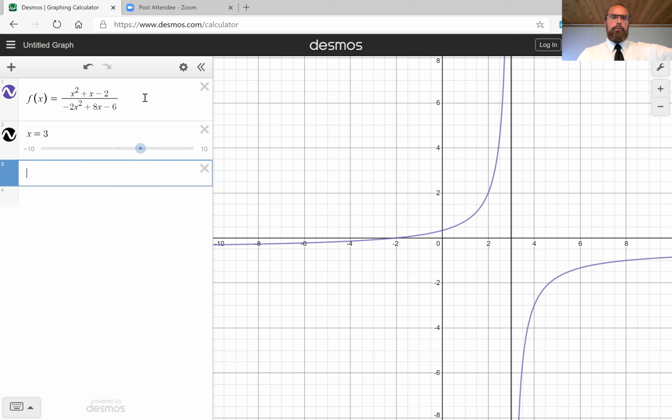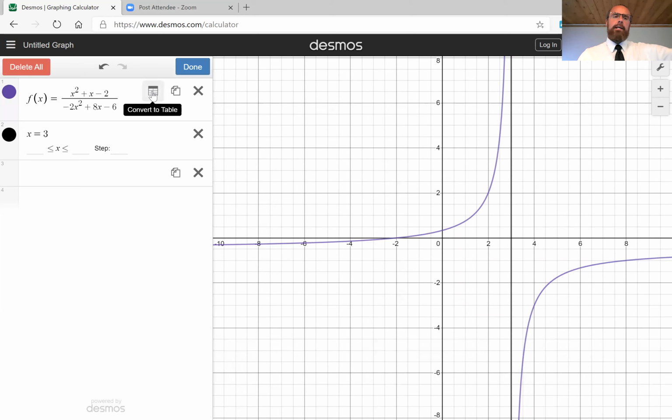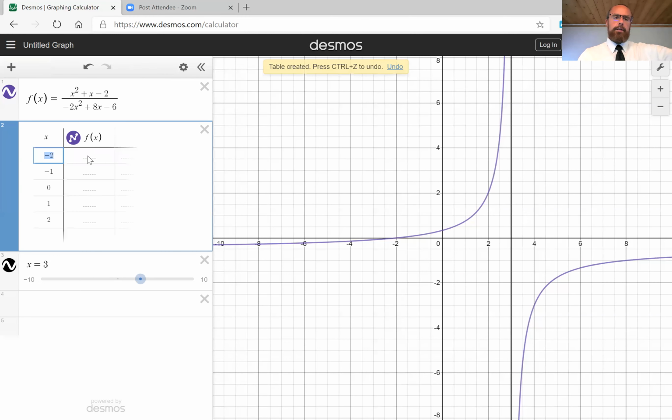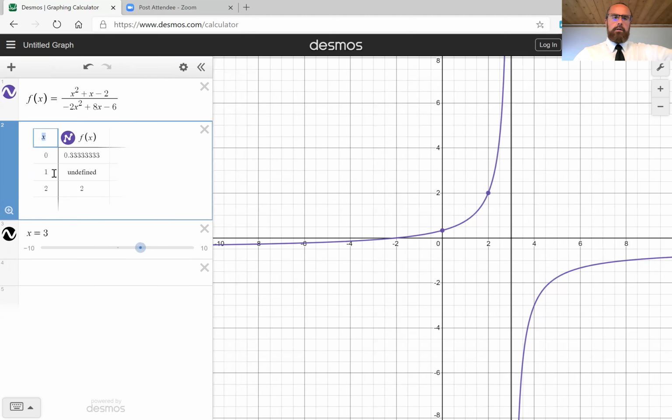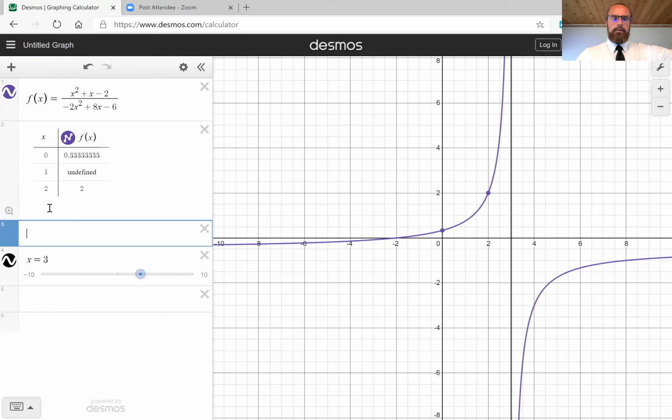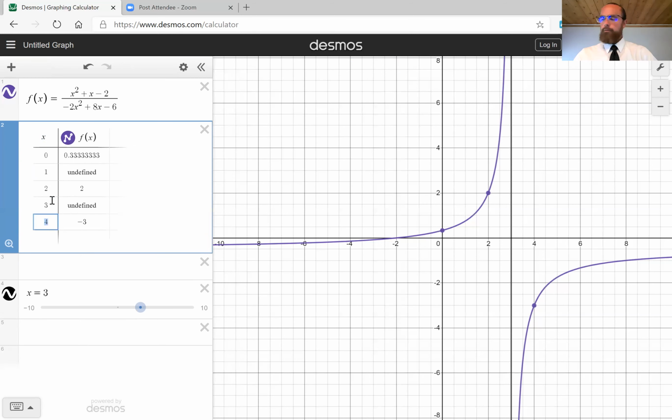But what I really want is a table. So I'm going to go up to that edit list, the cog, and then I'm going to say convert that to a table, please. And I don't really want negative 2 or negative 1. I'm going to keep going with 3, and 4 and 5.